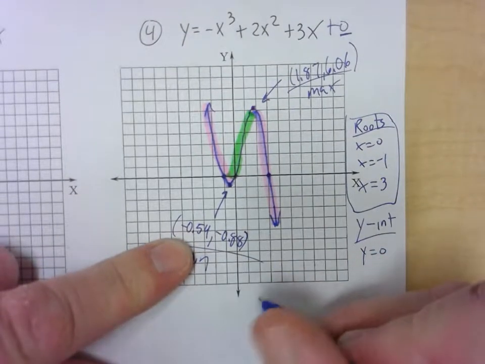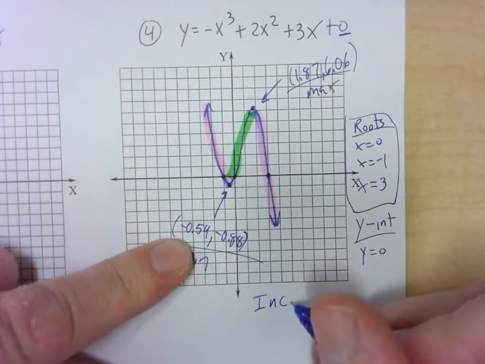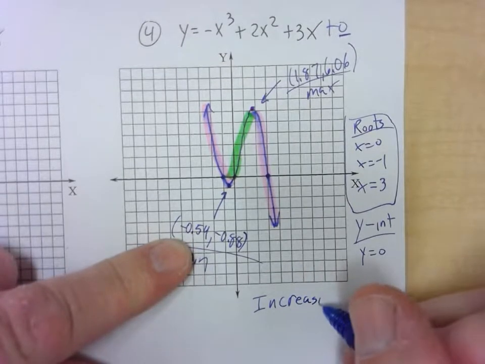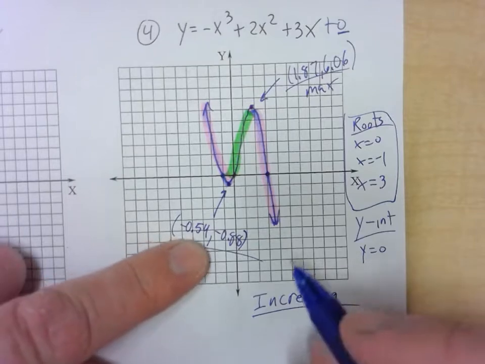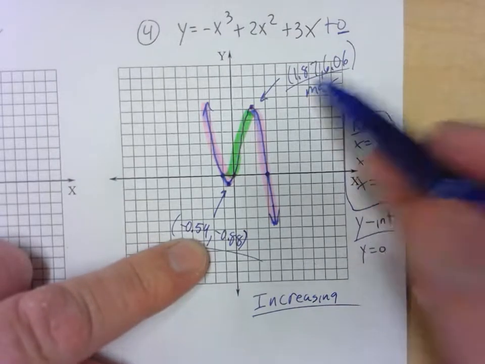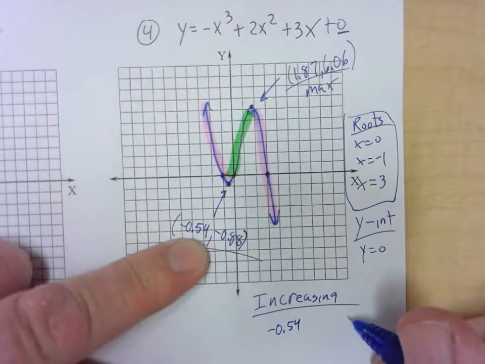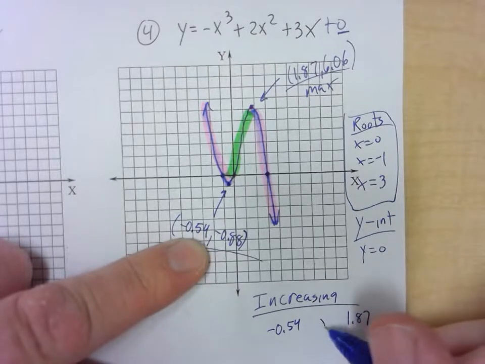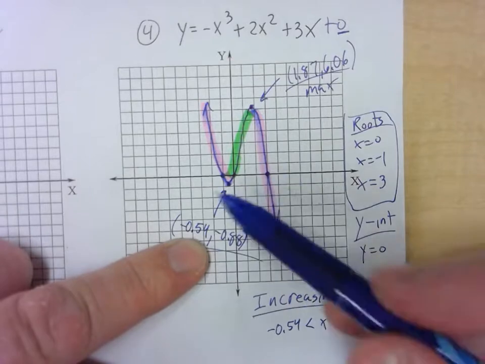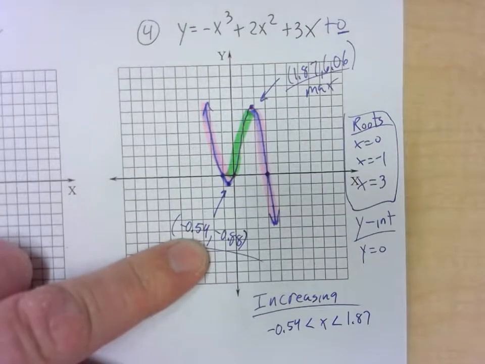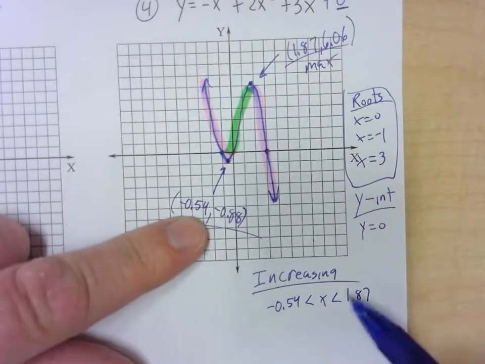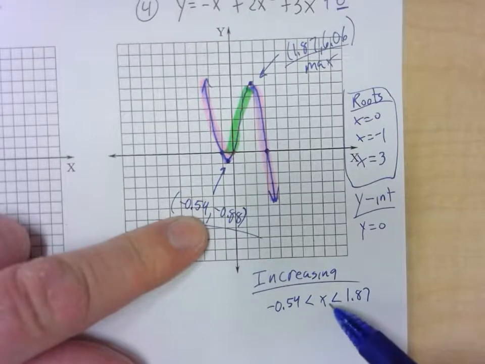So let me make sure that I'm writing here on this still. It is increasing in between two numbers. So it's increasing between these two x values. So we put the small number on the left, the large number on the right, and it's increasing between these two x values. That's the way we write in between in math. So x is less than this number, x is greater than this number.